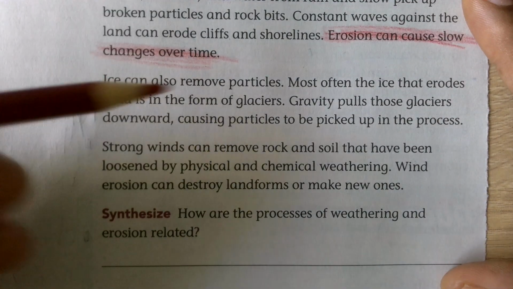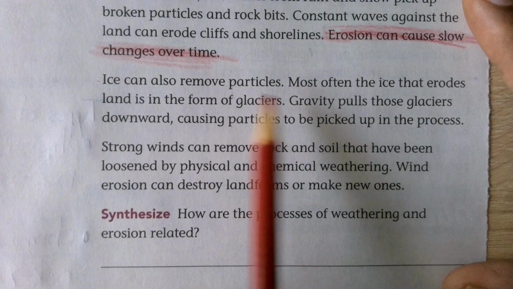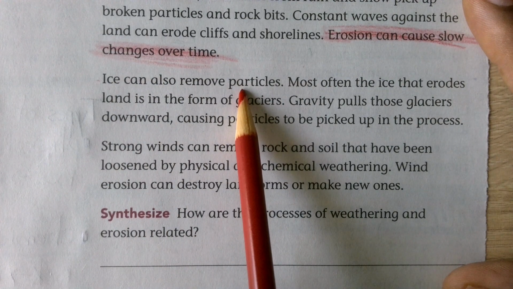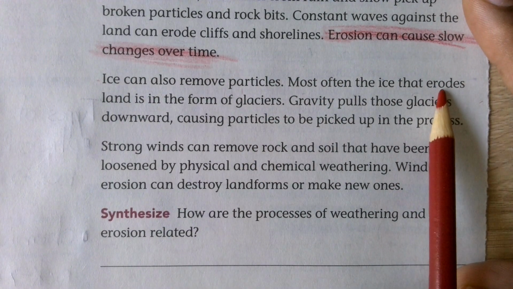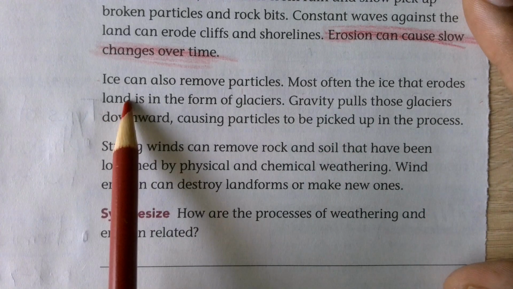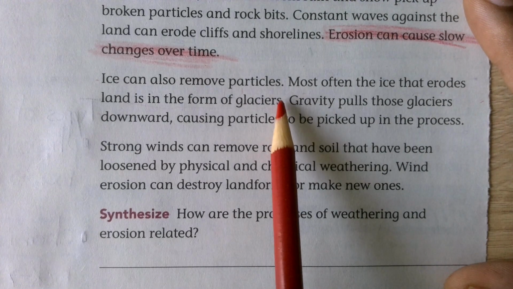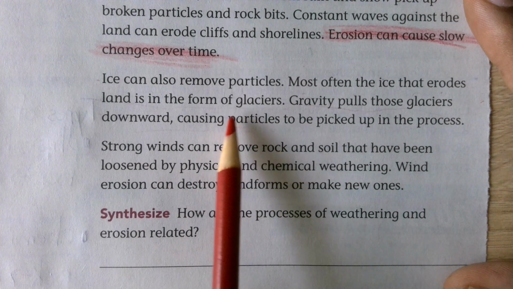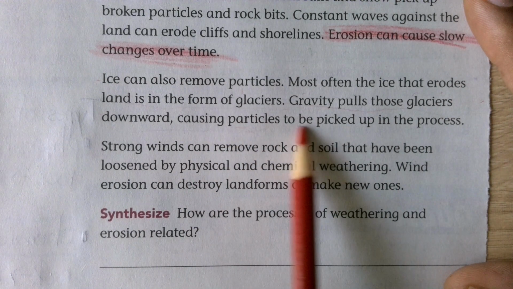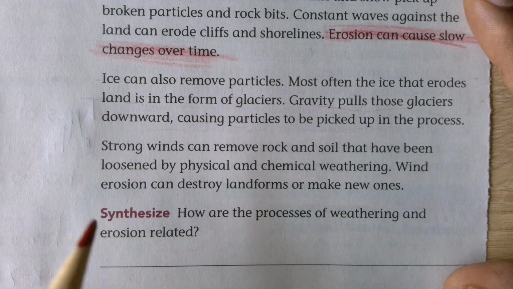Ice can also remove particles. Ice can also remove small parts of rock. Most often the ice that erodes, the ice that moves away land, is in the form of glaciers. Gravity pulls those glaciers downward, causing small parts to be picked up in the process.